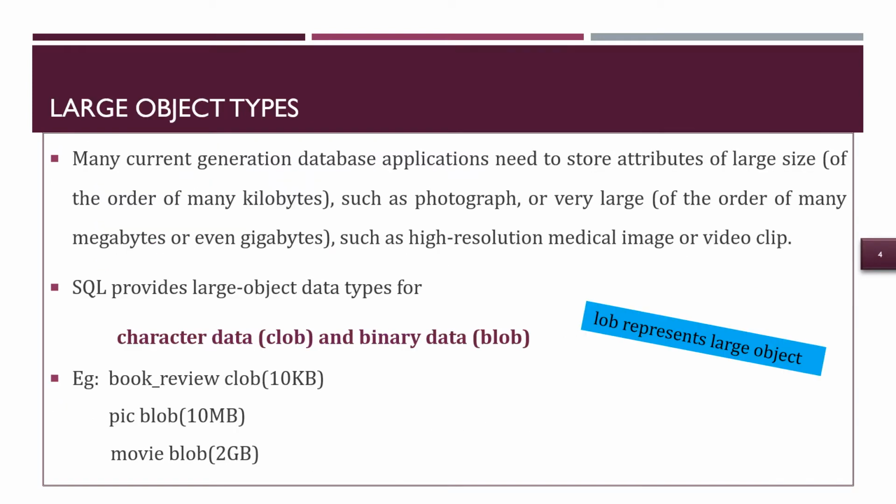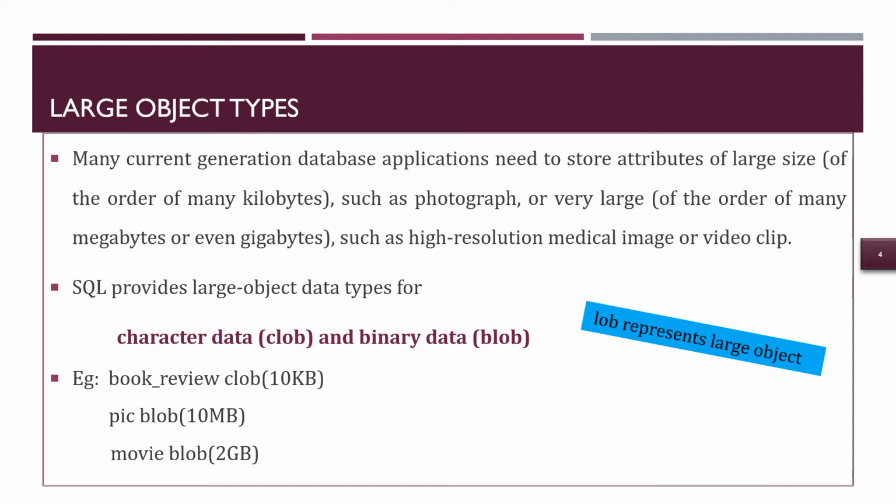Now let us discuss yet another data type used for storing attributes of larger size, that is, of the order of many kilobytes to even gigabytes. That is for storing a photograph, a high resolution medical image, or even a video clip. SQL provides a data type named CLOB for storing character data and BLOB for storing images as well as video clips.